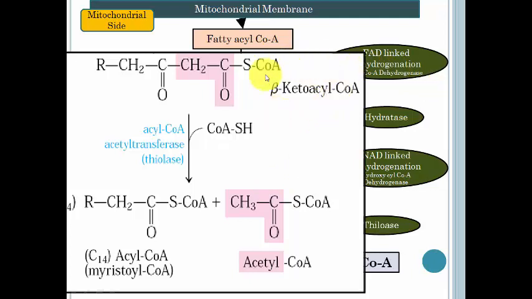So when we talk about palmitic acid, that is a 16 carbon compound, it will be degraded with the help of thiolase. It will form one molecule of acetyl-CoA and one molecule of acyl-CoA, which is a compound of 2 carbon less than the parent compound. So that's why it is C14, because the parent compound is of 16 carbon, that is palmitic acid.